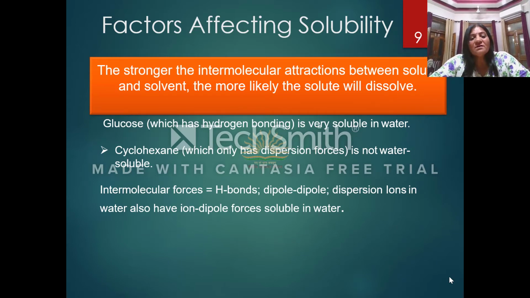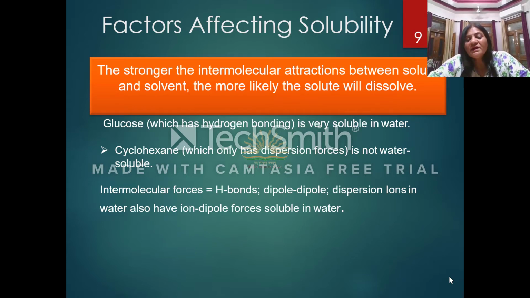Factors affecting solubility. The stronger the intermolecular attractions between solute and solvent, the more likely the solute will dissolve. The stronger the intermolecular forces between the solute and solvent, the more easily the solute can form a solution by dissolving in the given solvent. Glucose, which has hydrogen bonding, is very soluble in water.